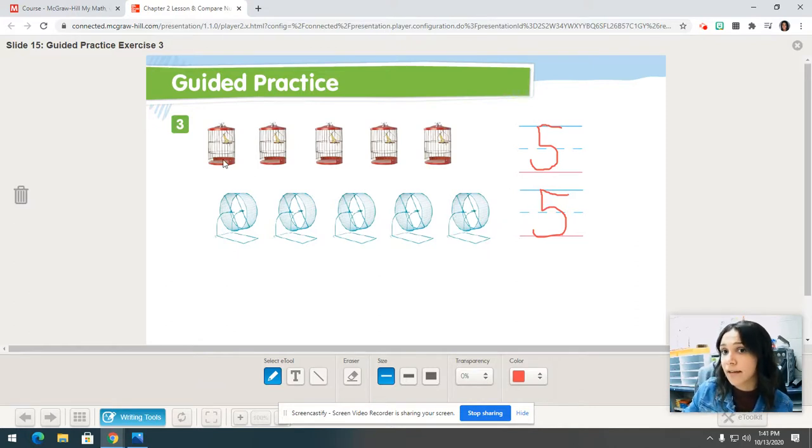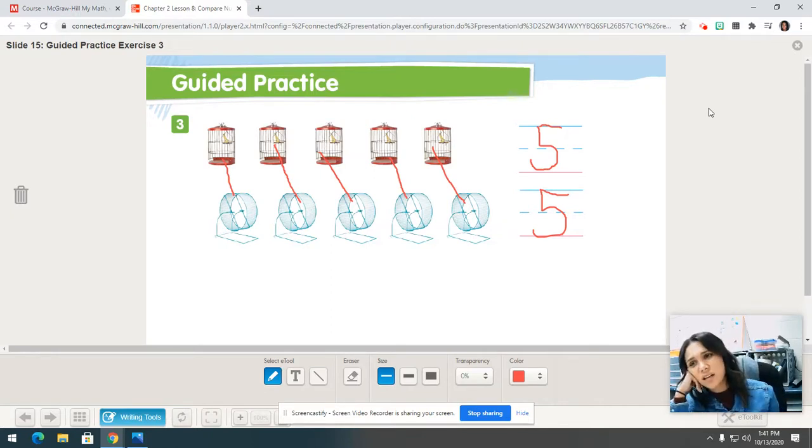All right, now draw a line from each and help me count. 1, 2, 3, 4, 5. Wait a minute. I don't see any more. I don't see any less. This is equal to. Echo me, equal to.